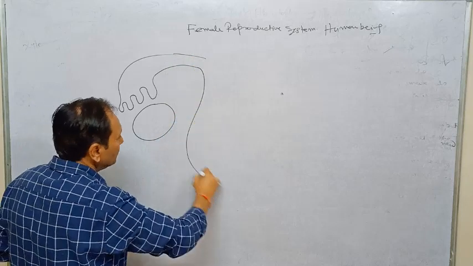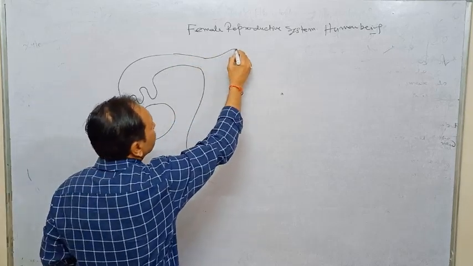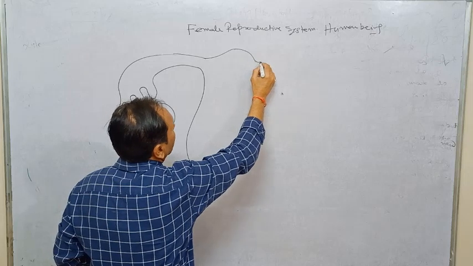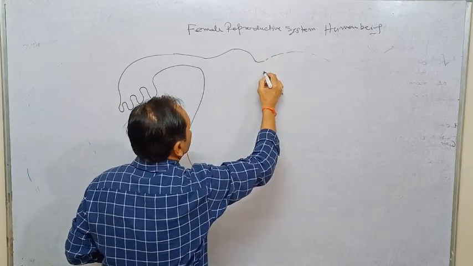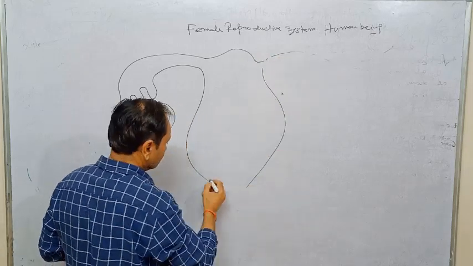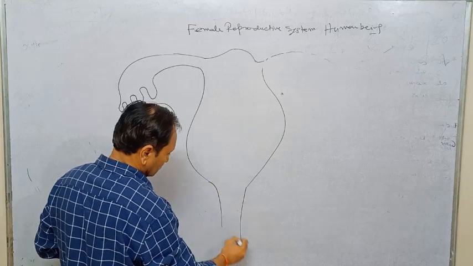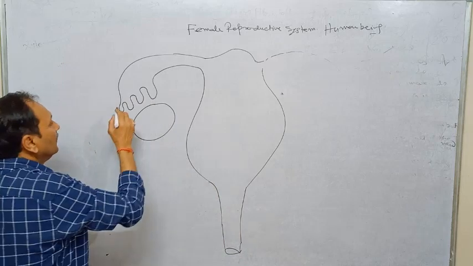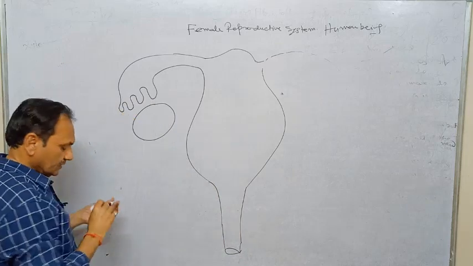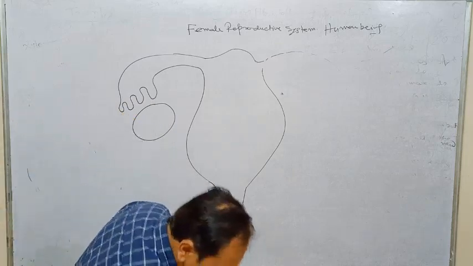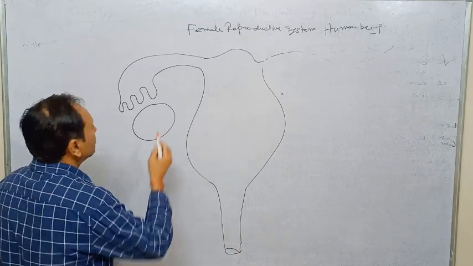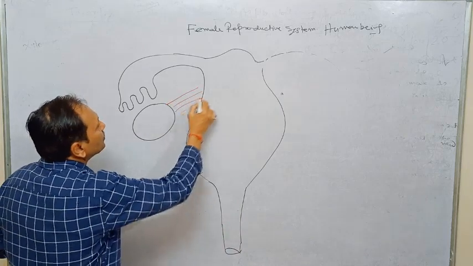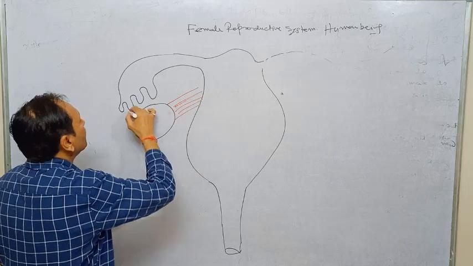This is the uterine wall. It has been observed that this ovary is supported with two types of ligaments.